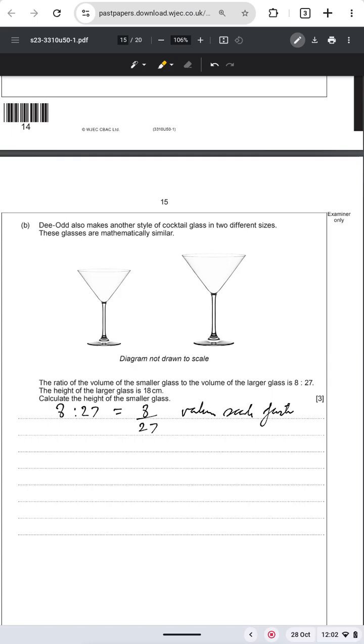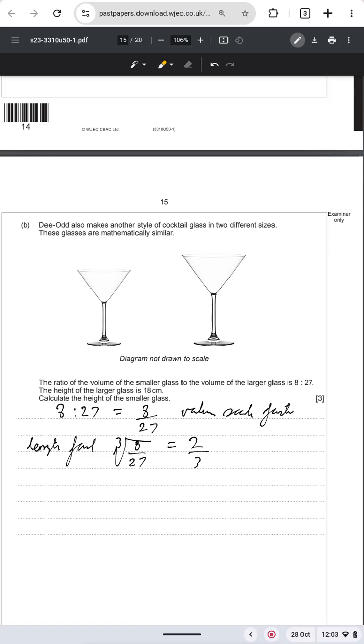So to go from a volume, because it's a three-dimensional shape, we need to cube root. So the length factor is going to be the cube root of 8 over 27. Luckily, both of these are cubed numbers. So the cube root of 8 is 2, because 2 times 2 times 2 is 8. And the cube root of 27 is 3.